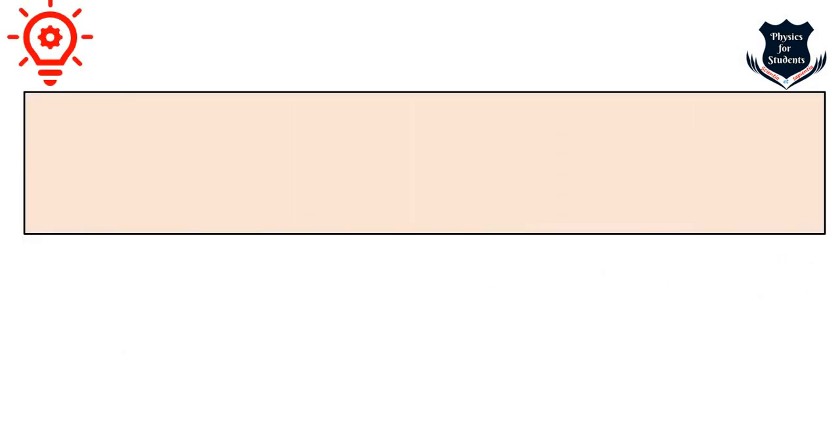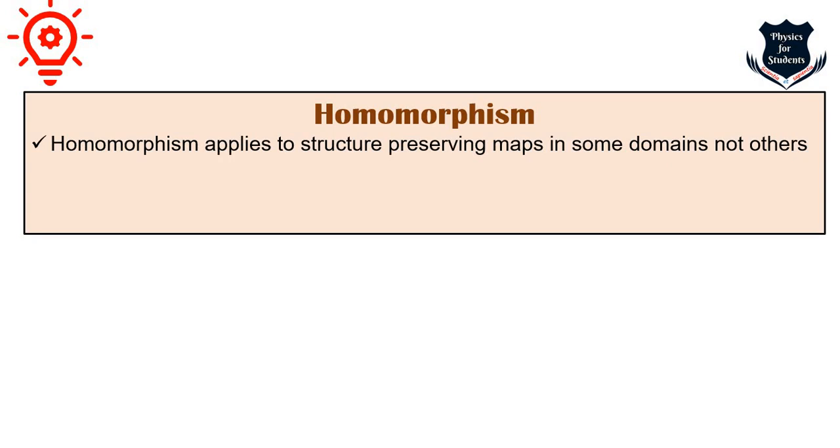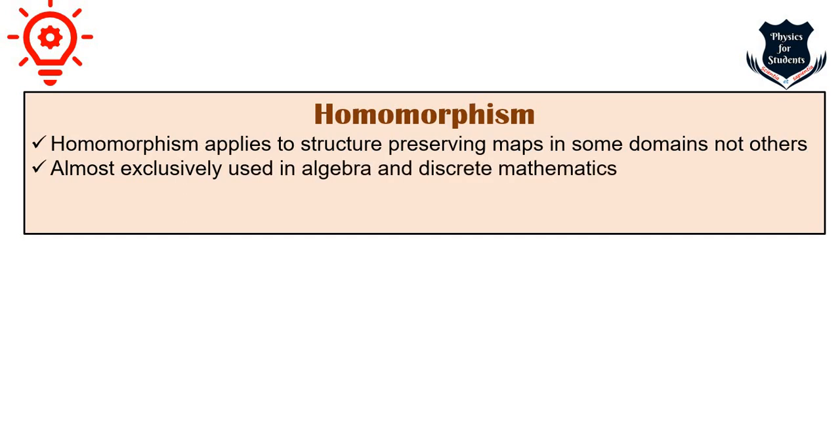Now the time has come to show you the difference between homomorphism and homeomorphism. Here are a few points. Homomorphism applies to structure-preserving maps in some domains, not others. Almost exclusively it is used in algebra and discrete mathematics.